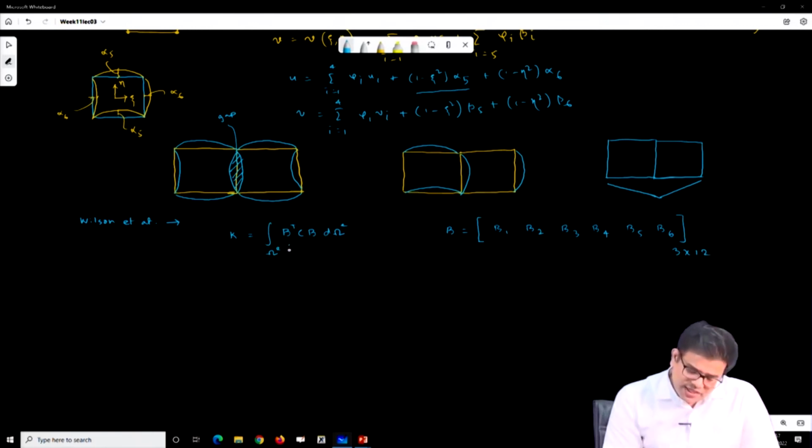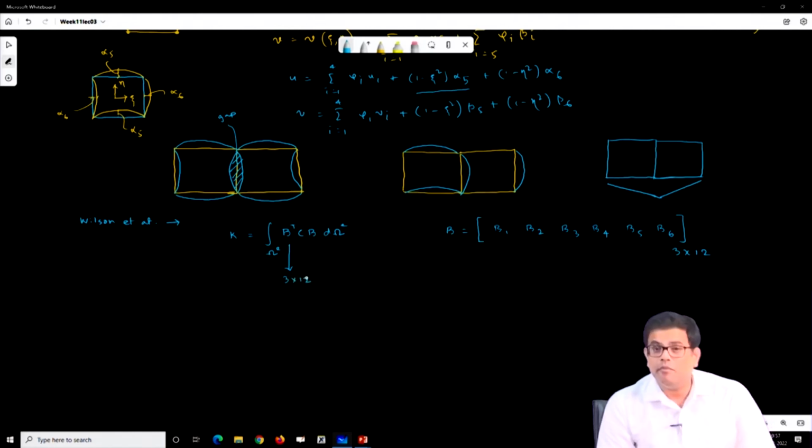Now if this B is my 3 cross 12 matrix, the procedure is very much the same. Instead of 4 shape functions, I will use 6 shape functions. The procedure is overall exactly the same as the Q4 element, just extended to a larger number of shape functions.